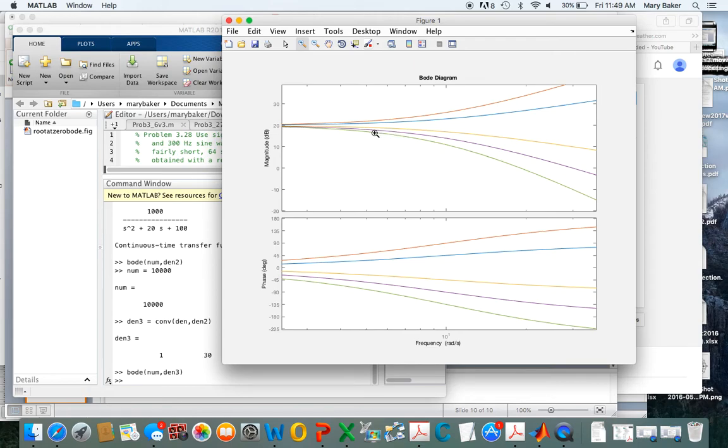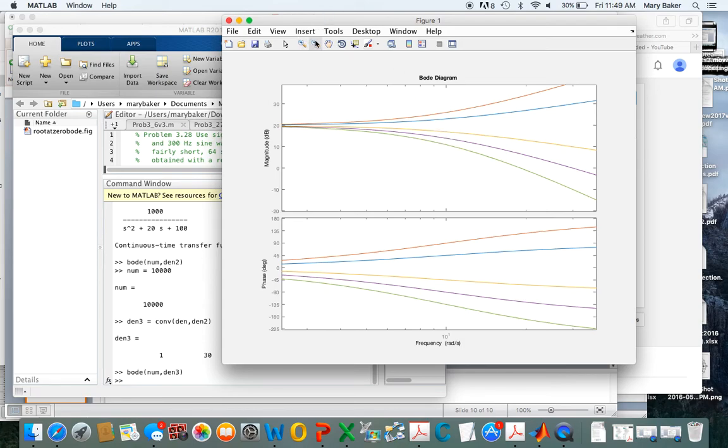So just kind of eyeballing it, this is 1, 2, 3, 4. That's about 4.5 radians per second compared to 10. So we are less than half of our desired, if 10 were our desired cutoff frequency, we're at less than half of our desired cutoff frequency with that third order filter.